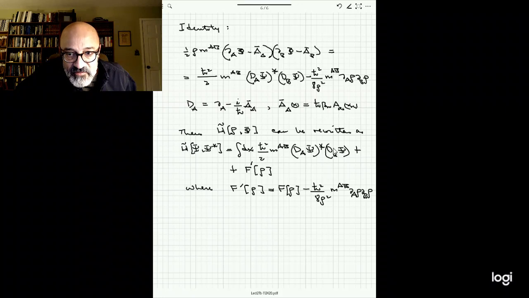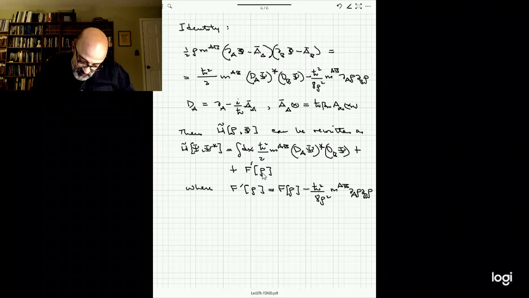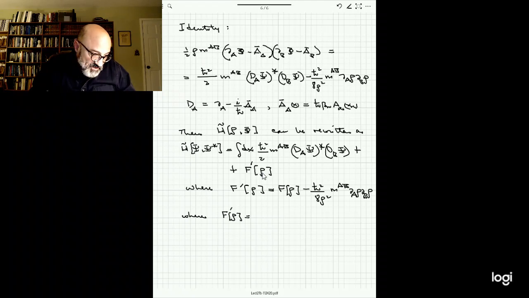Here it is quadratic in psi star. This guy here is supposed to be quadratic in psi star, and independent of phi, where this f prime of rho is supposed to be quadratic.